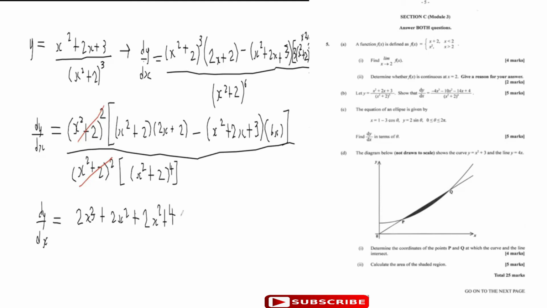And it is now subtracting: x squared times 6x, that's subtracting 6x cubed. Then 6x times 2x, that's subtracting 12x squared. Then 6x times 3, it's subtracting 18x. And this is all being divided by (x squared plus 2) to the 4th power.